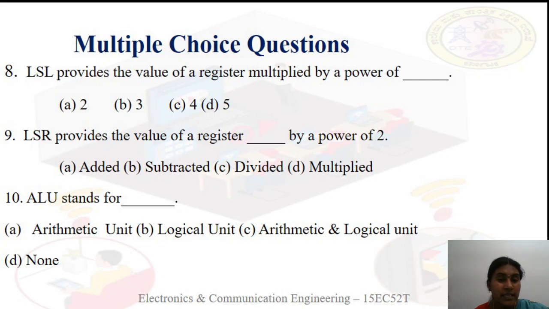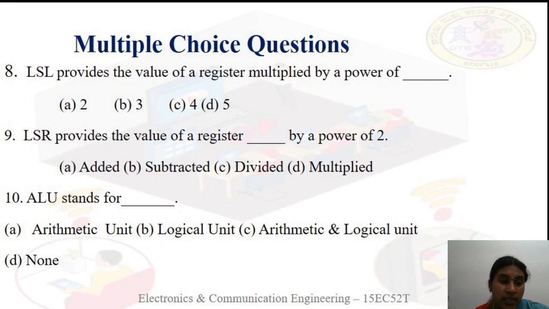Division means it will divide the content of a register by 2 to the power of the amount that you specify. So LSL provides the value of a register multiplied by a power of 2. The answer is 2. LSR provides the value of a register dash by a power of 2. It means LSR divides by a power of 2.